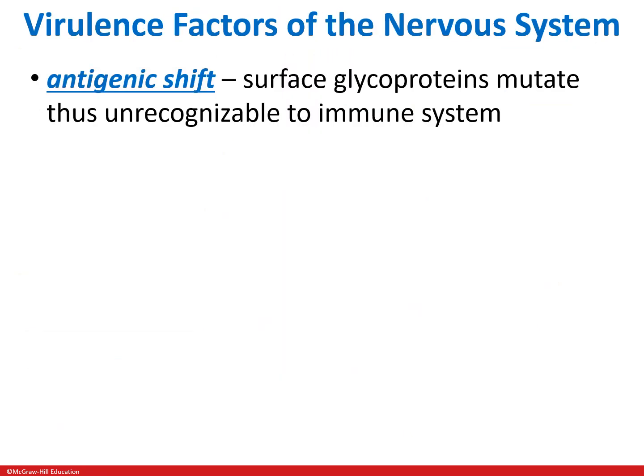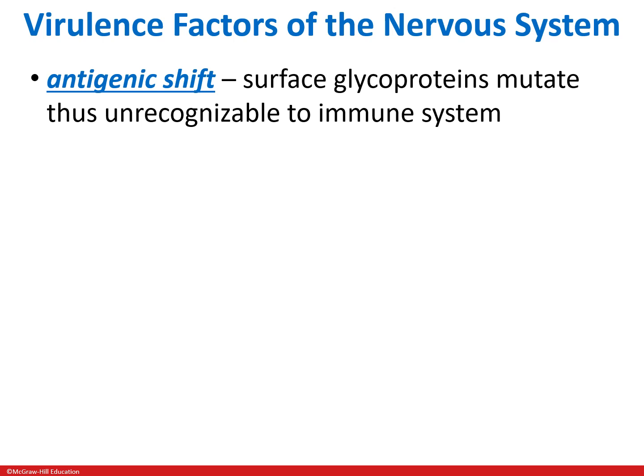So let's talk about a few of the virulence factors we're going to see through these diseases. Antigenic shift. So this is something we haven't seen quite yet, which is basically the antigens on the surface of any cell are the thing that your immune system recognizes as foreign. So those glycoproteins, which basically identify the antigen, can change.